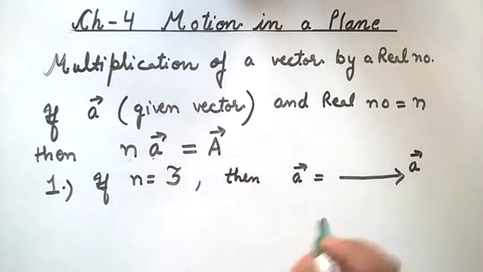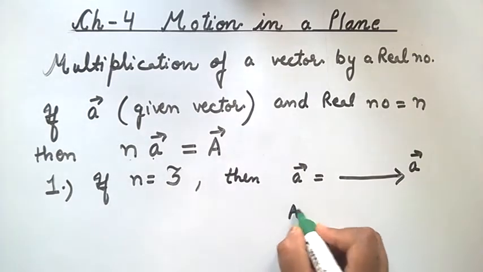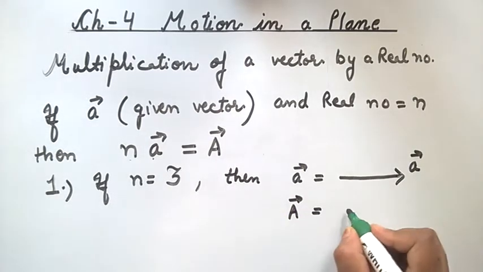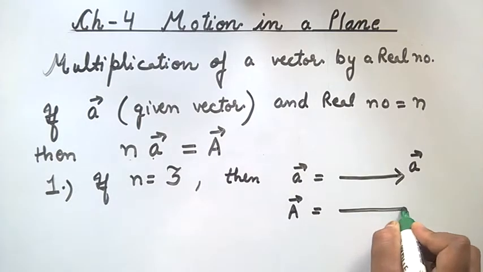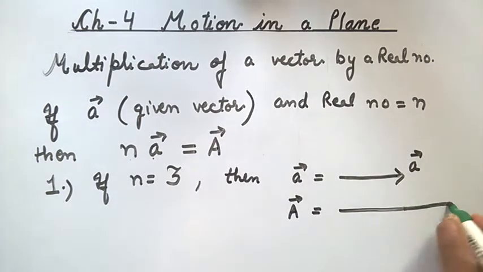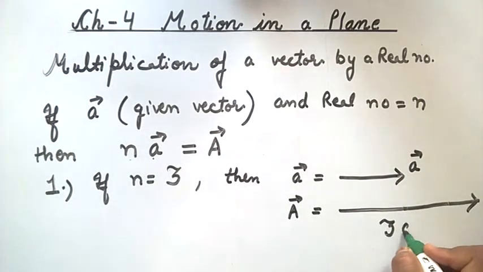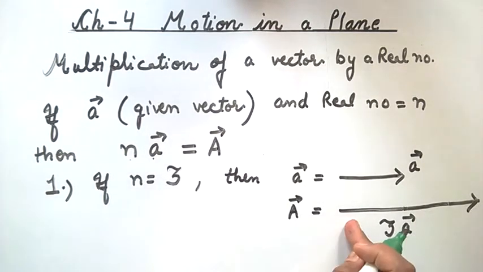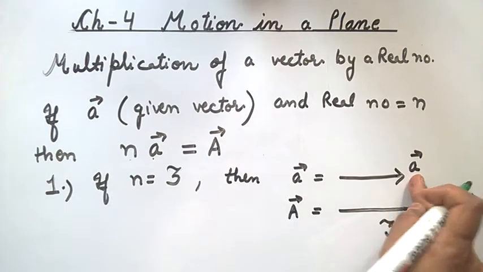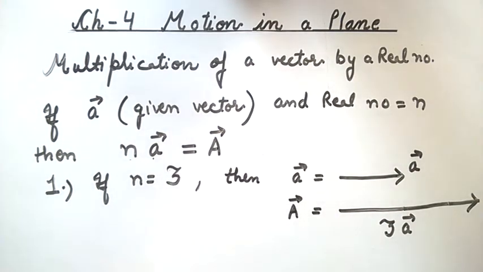Let it be in this way. So here a vector is 3 times the given vector. This is just a rough idea. It is 3 times this vector, and its direction is along small a vector because n is positive.